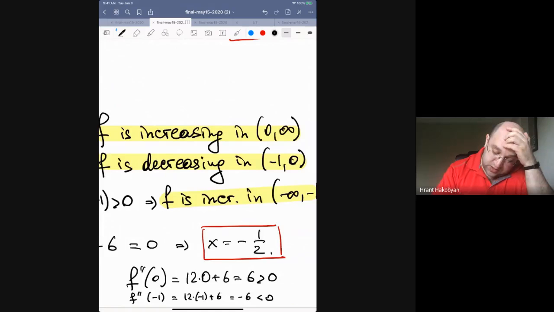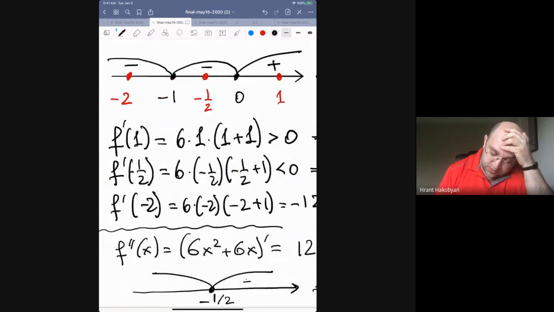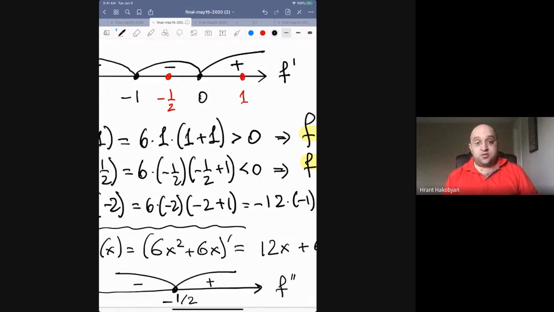So in this interval the second derivative is positive, and here it's negative, okay? So that means the second derivative changes its sign and goes from concave down to concave up.